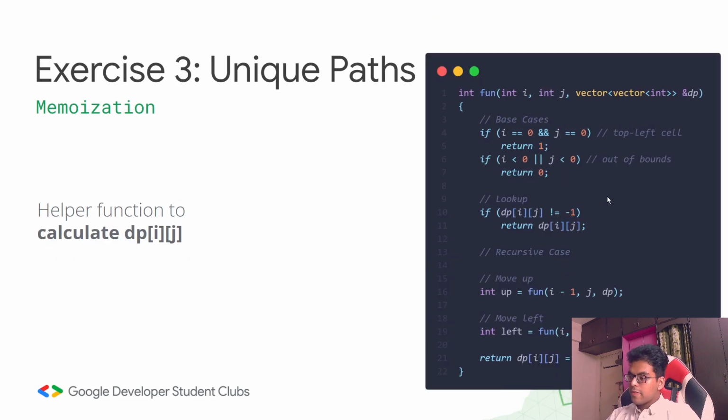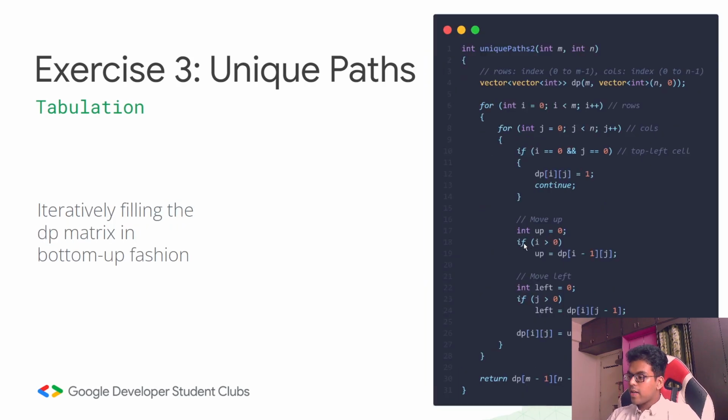Now again, here you would have seen we are doing an if checking. Initially the number of ways to reach the upper cell is 0, and only if a row above the current row exists, then and only then calculate the number of ways to reach the cell immediately above the current cell, which is given over here.